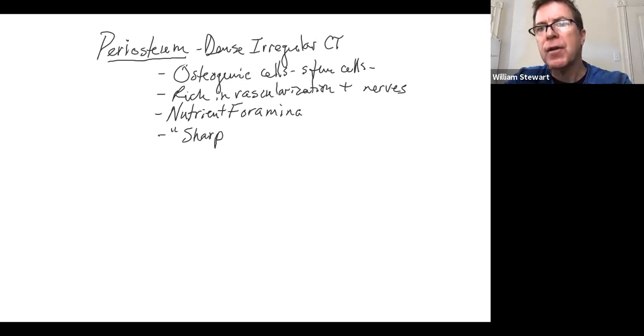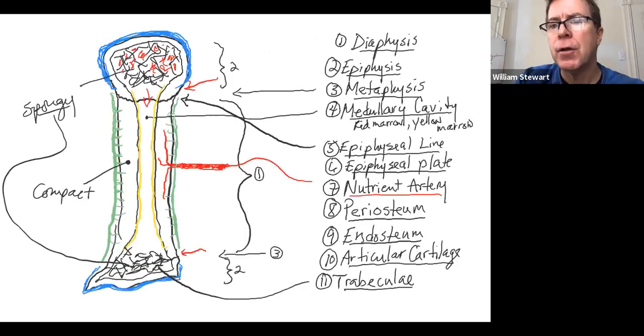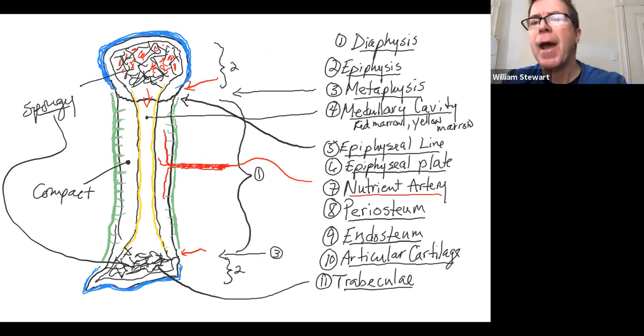Sharpey's fibers, it's a funny name. Sharpey's fibers are those little connective tissue spicules that I drew on my periosteum penetrating the bone surface. They're like these little needles that penetrate the surface of the bone, not very deep, but they help grab the bone and keep the periosteum secured.